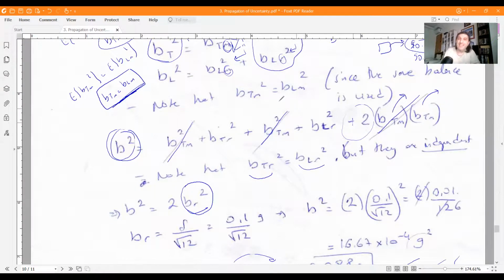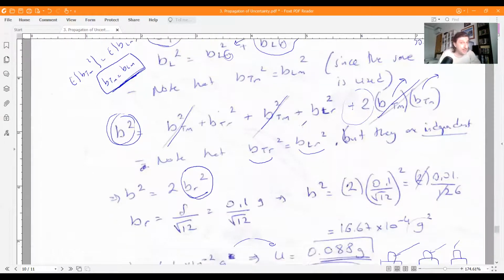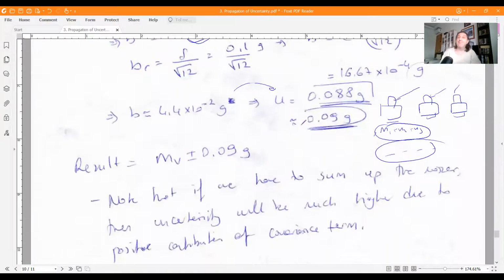So the effect of bias is going to increase more and more. So if you add those masses or whatever, if you have an addition operation, and you're using the same equipment, then that bias due to manufacturing is going to be a much bigger problem.